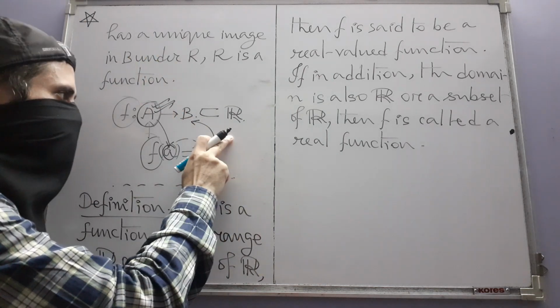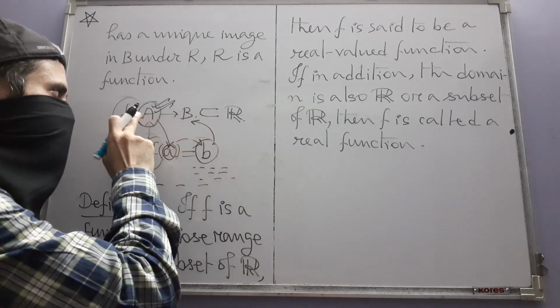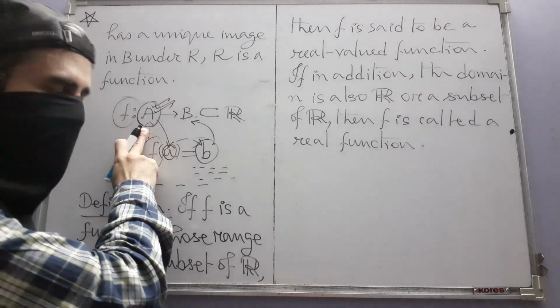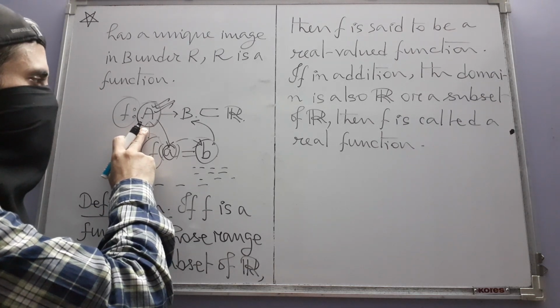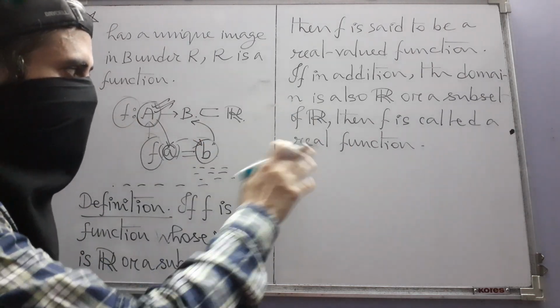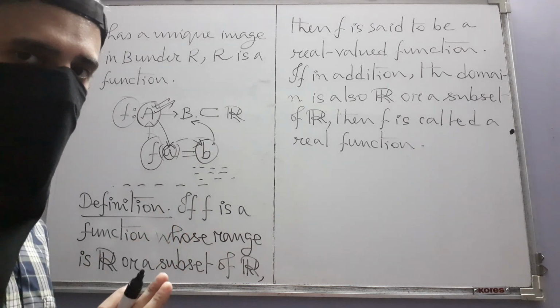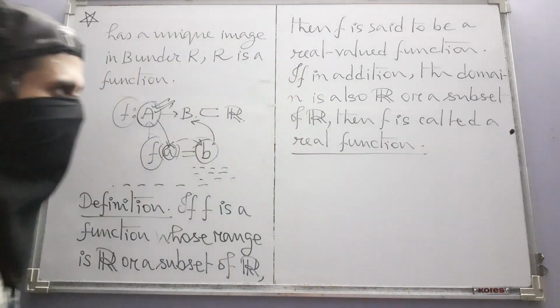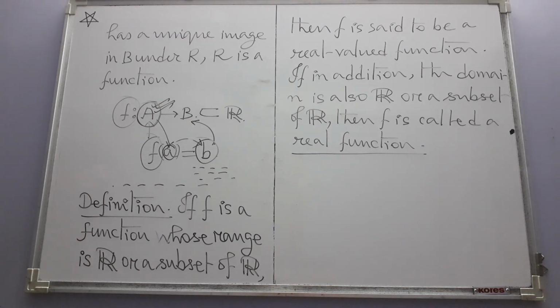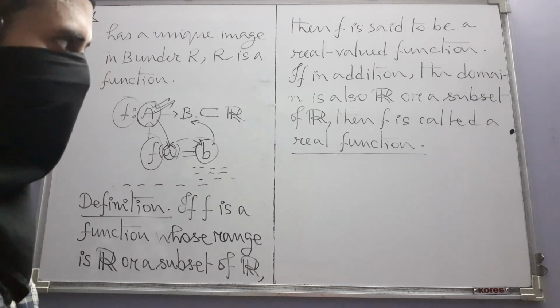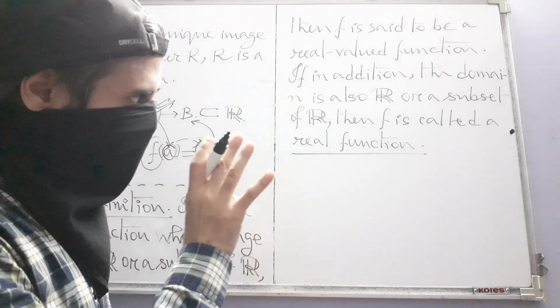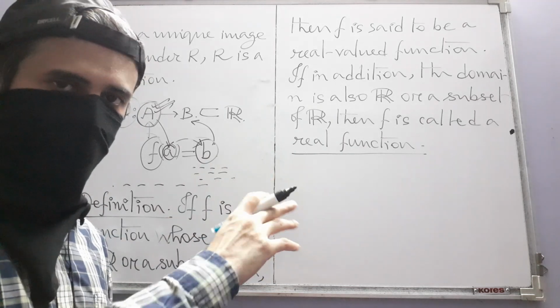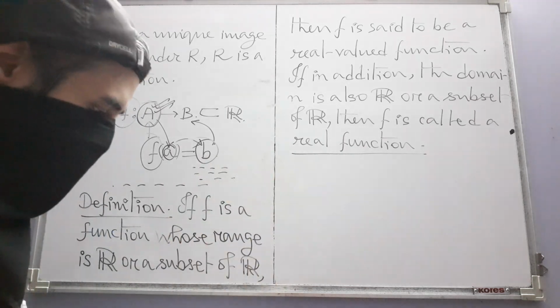Say this is true, and additionally the domain, which of course is always A, is also either R or a subset of R, then such functions are called real functions. Okay. So we are going to mostly consider real functions in whatever we are going to see next.